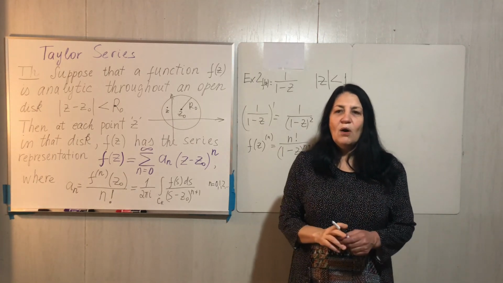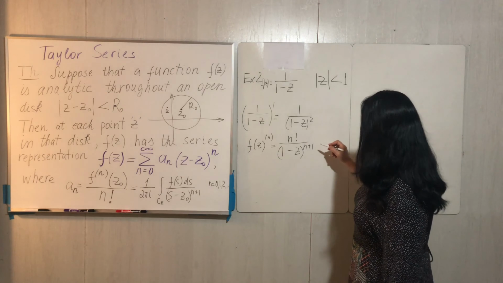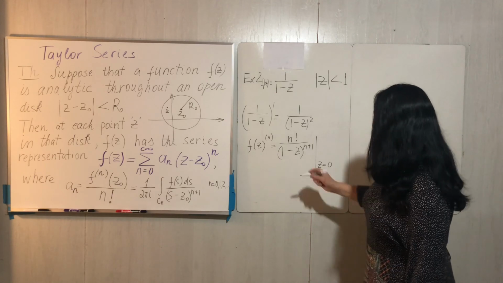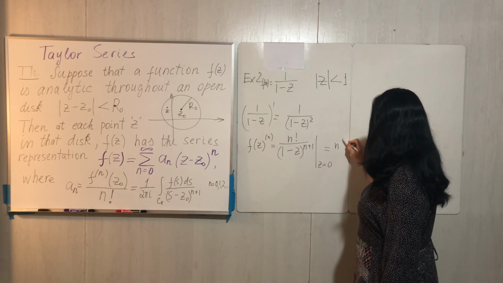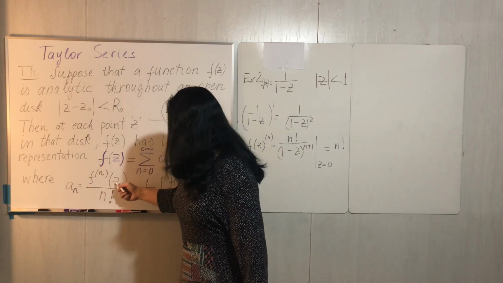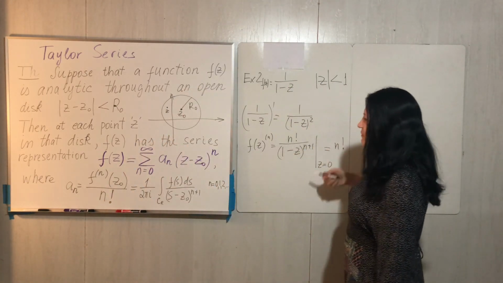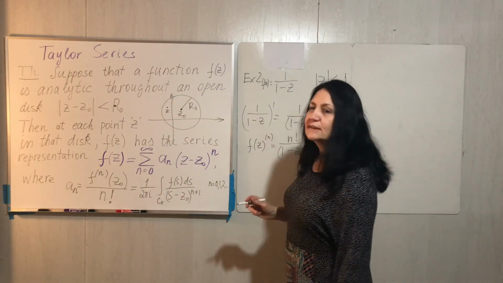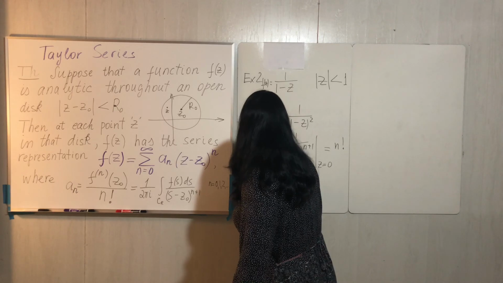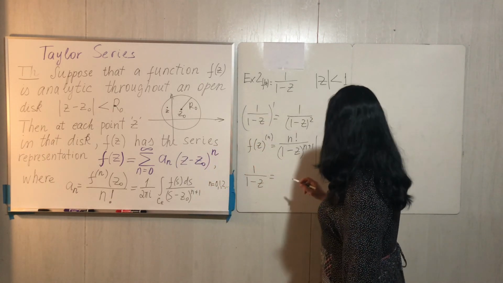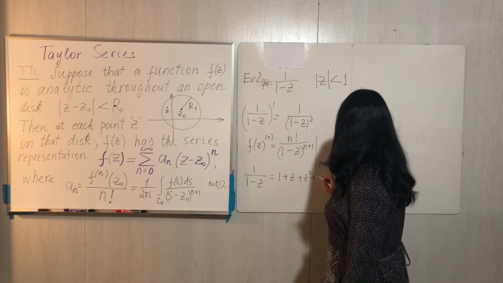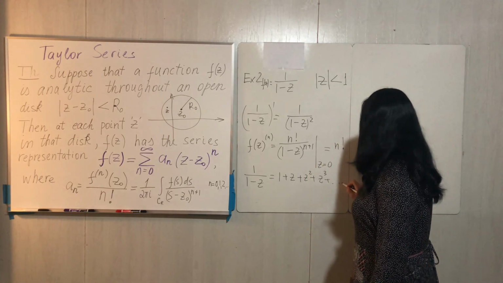So these would be all of our derivatives, and if we evaluate this derivative at the point z equal 0, we will end up with just n factorial. Our formula for coefficients is the derivative over n factorial, so n factorial over n factorial cancels, and as a result we will have the following expansion: 1 over 1 minus z would be 1 plus z plus z squared plus z cubed plus and so on.